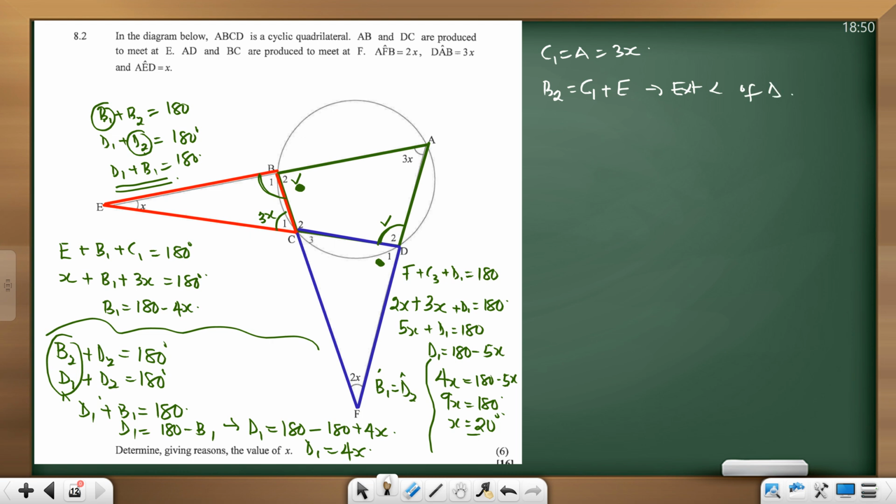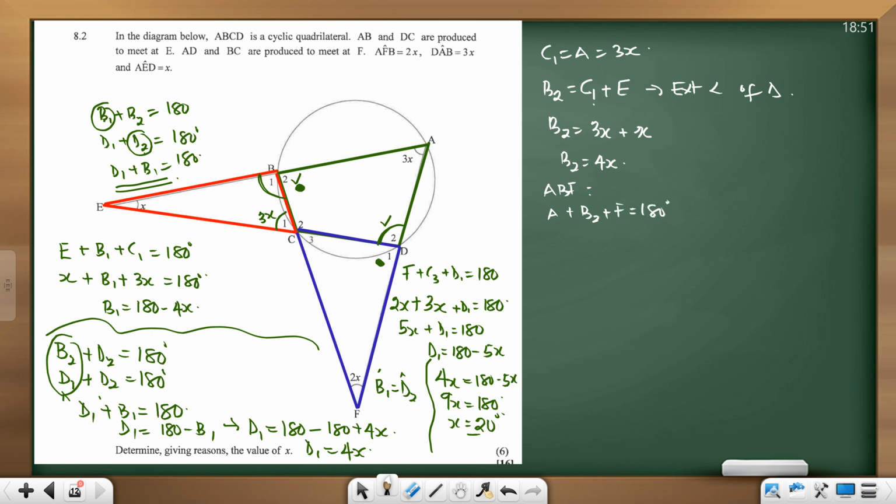Yes. So then I got B2 as 4x. All right, so since we know C1 is 3x and we know E is x, B2 equals 4x. Good, shoot. And I said in triangle ABF, angle A plus angle B2 plus angle F is equal to 180 degrees.